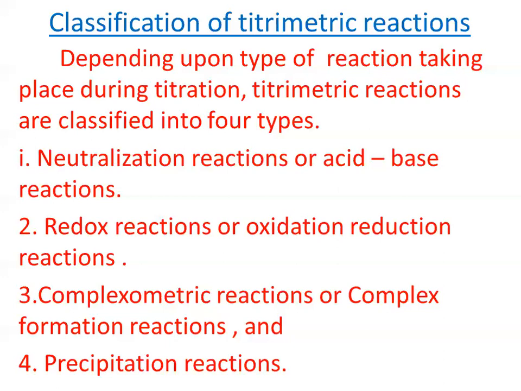Depending upon the type of reaction taking place during the titration, titrimetric reactions are classified into four types. The classification depends on the reaction type taking place during the titration.